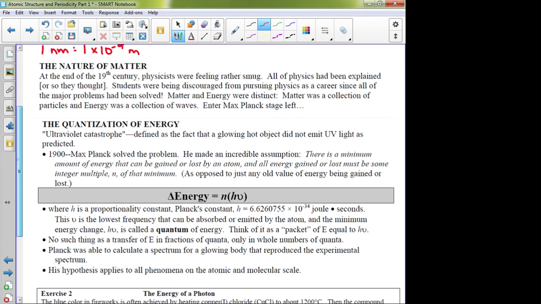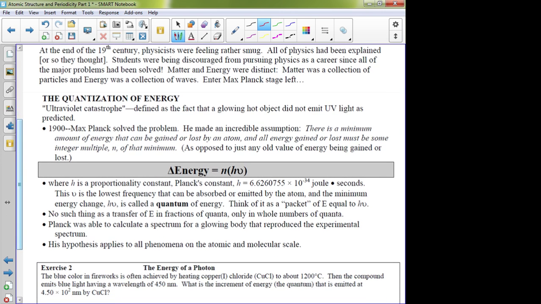And so Max Planck came along, and he came up with the thought of what we call a quantum of energy. When we think of quantum, we're thinking of a whole packet of energy, not a fraction of a packet. He assumed that there's a minimum amount of energy that can be gained or lost by an atom.